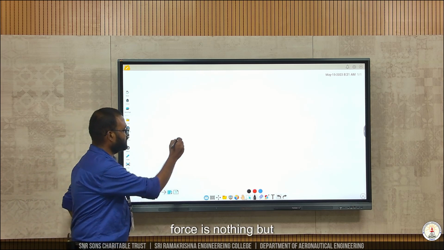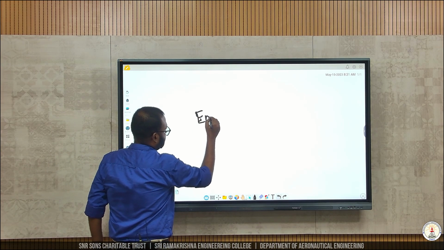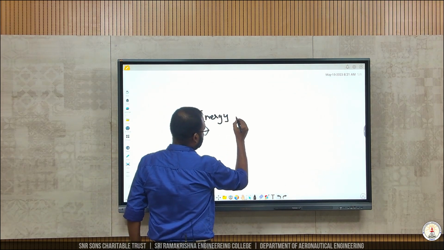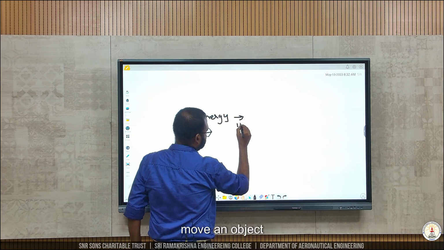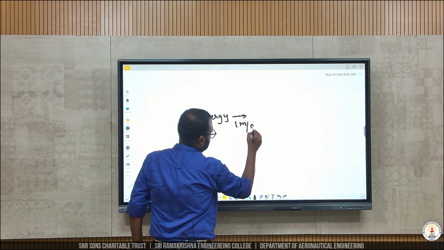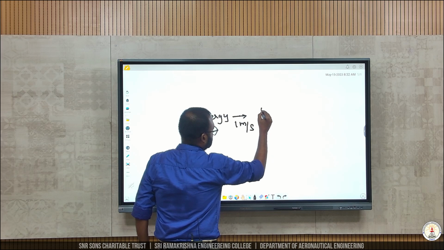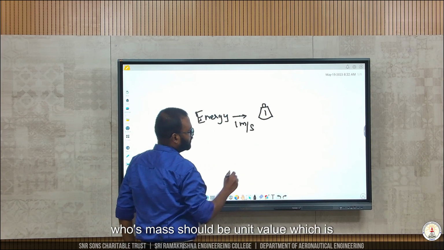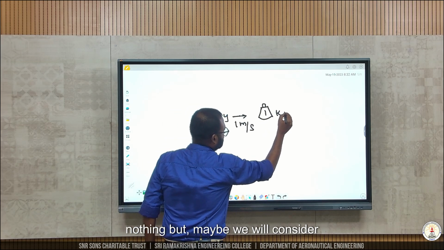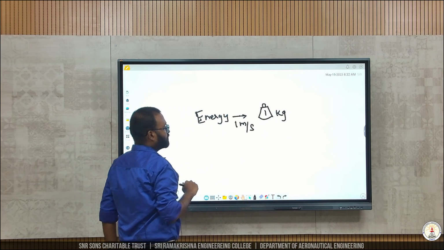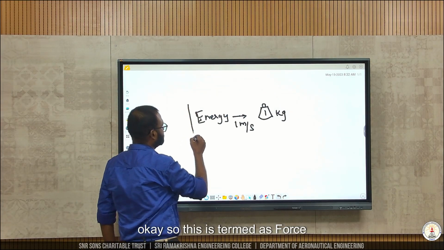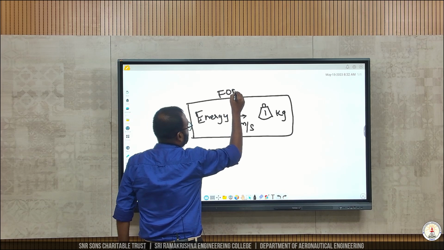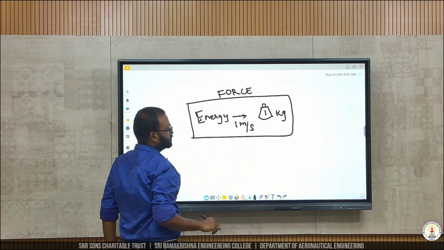So, force is nothing but the energy that is required to move an object 1 meter per second whose mass should be the unit value, which is, considering the SI unit, 1 kg. This is termed force.